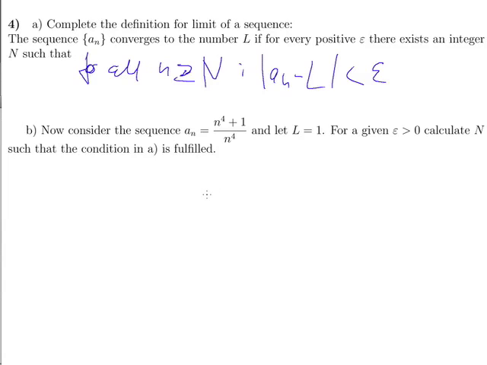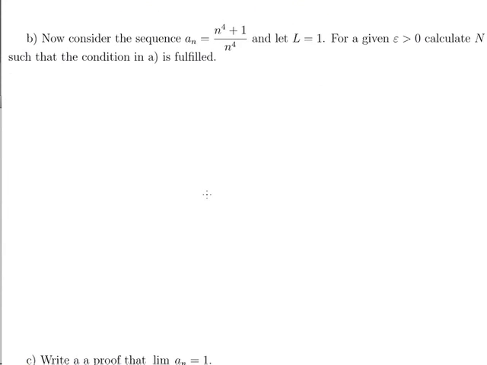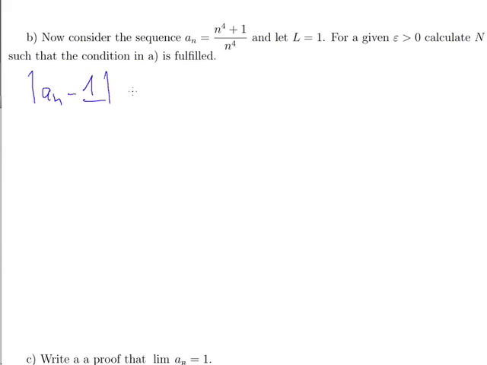Now we want to do this for a particular sequence, and part B is basically an auxiliary part which helps you on the way to it, namely what we typically need to do for a given epsilon. We need to calculate the big N value so that things hold. So let's look at the absolute value of a_n minus L. In our case L is 1.